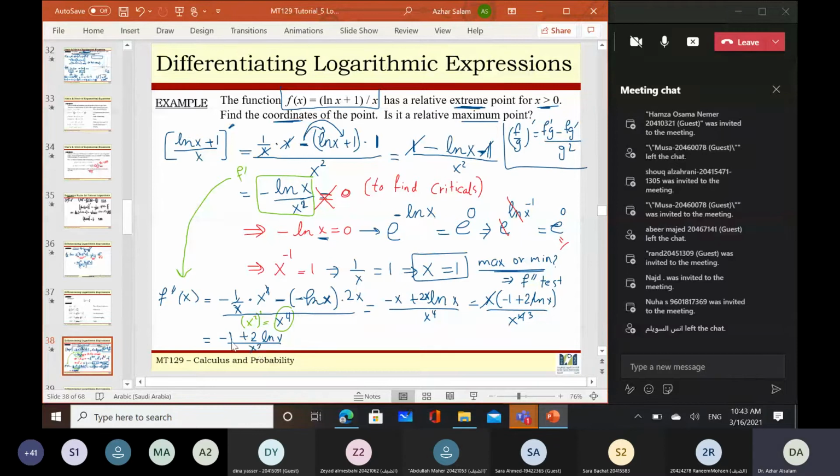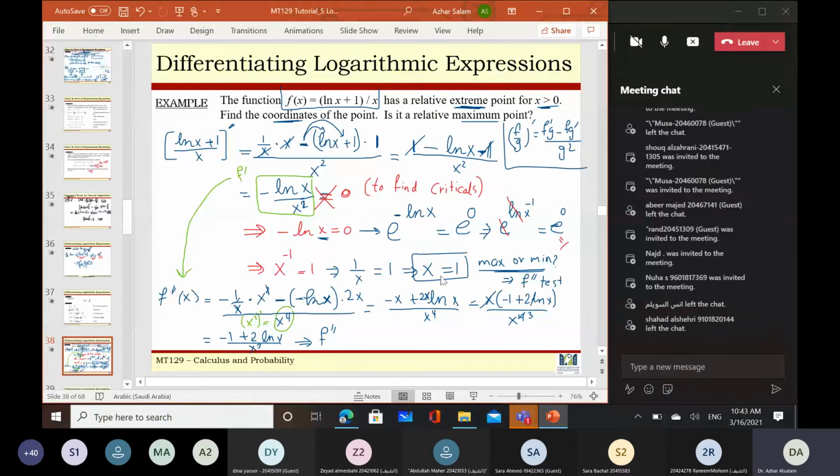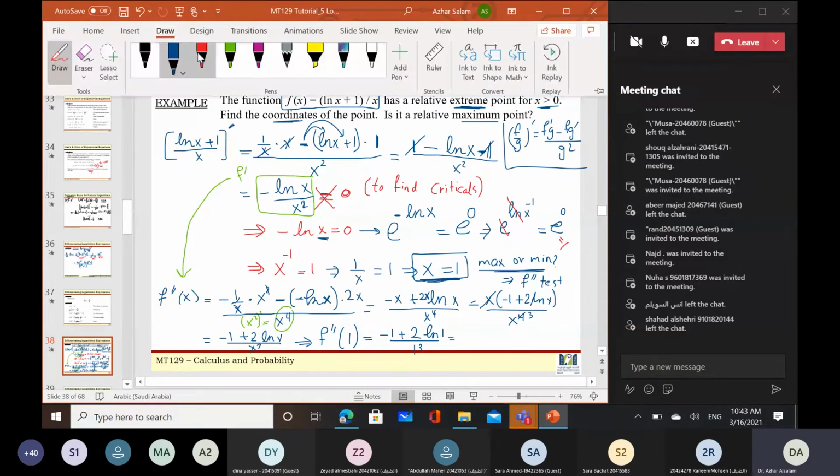Okay, this is the second derivative. What I will do now is substitute in the second derivative f double dash the point that I got from the critical point. Okay, f double dash of 1, and I test the sign. It will be minus 1 plus 2 ln 1 divided by 1 to the power 3. ln 1 is 0, because ln of 1 always equals zero.